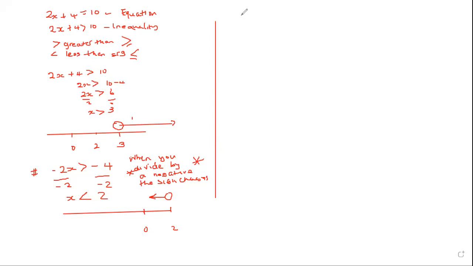Let's say you are given an inequality which says 2x greater than 4x minus 3, less than 2x minus 6. What you do, you pick the first inequality from this up to this, let me use a ruler, it might be very helpful.